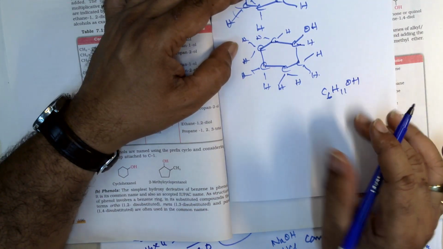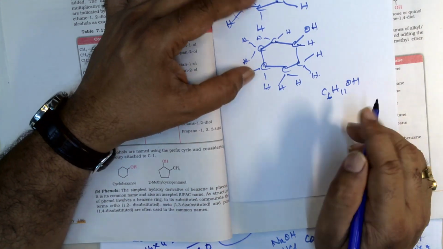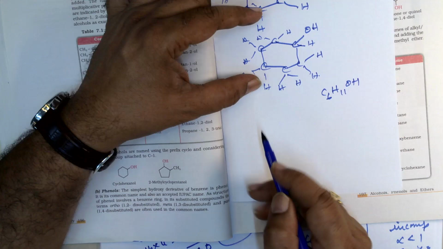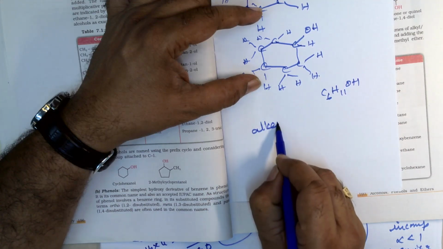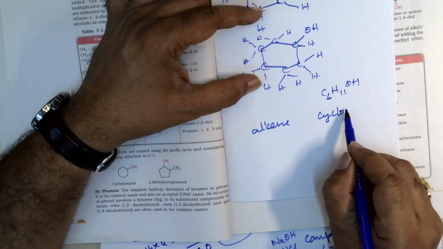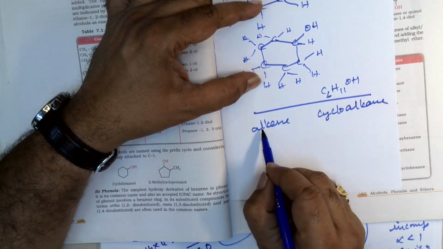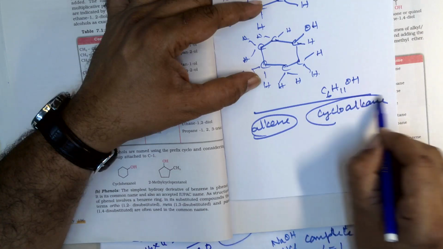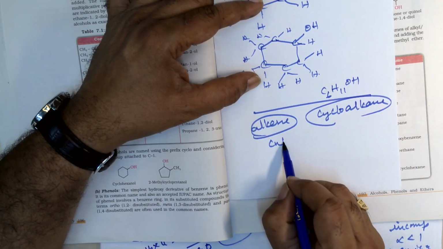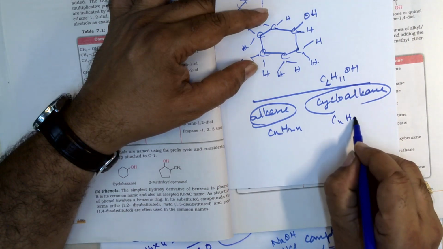Now, since we come across this kind of cycloalkanes, there is a relationship between alkene and cycloalkane. Can anyone tell me this? Both of them have the CnH2n formula.